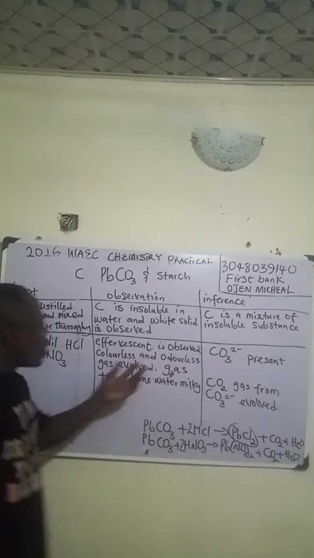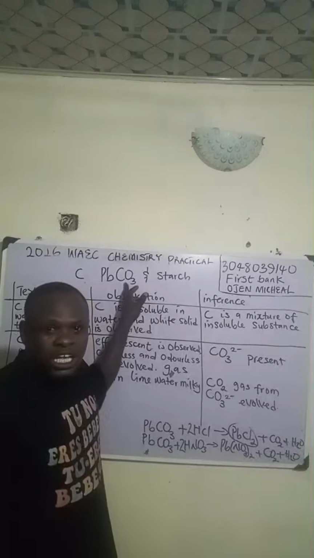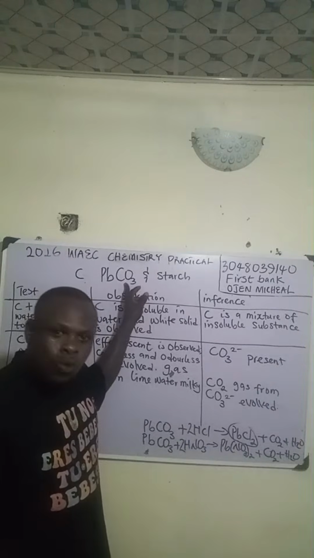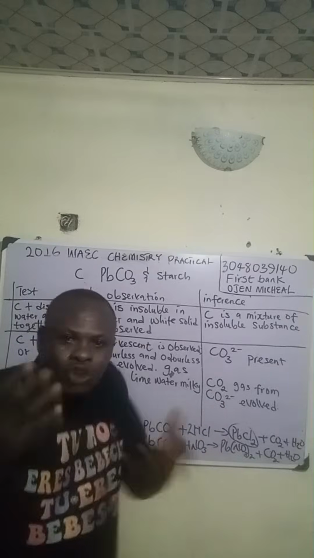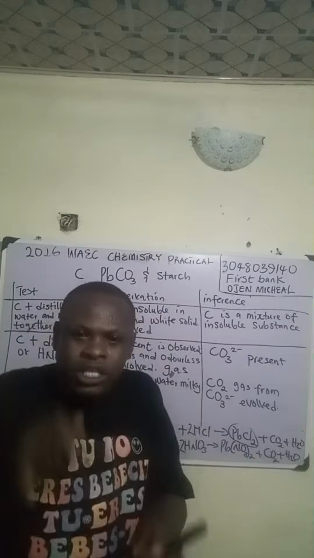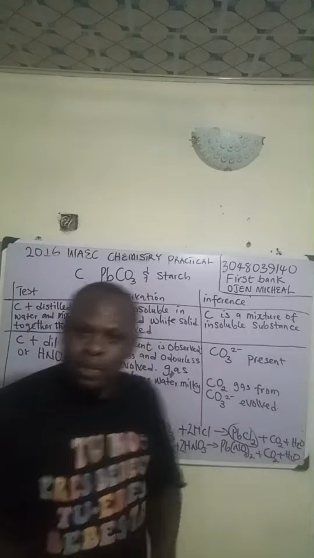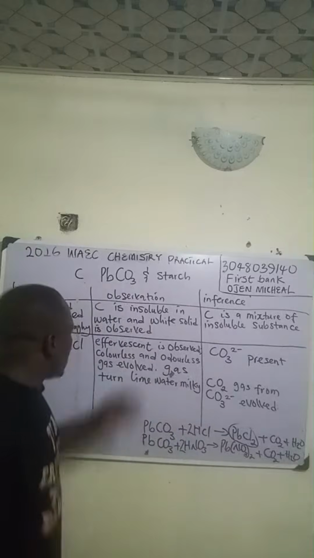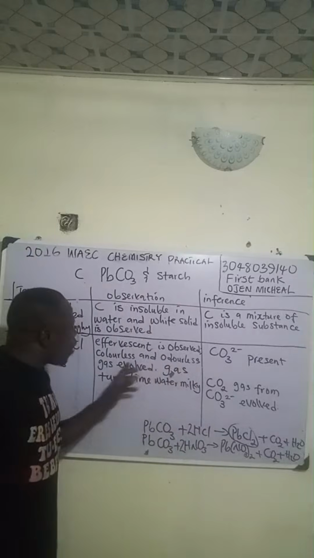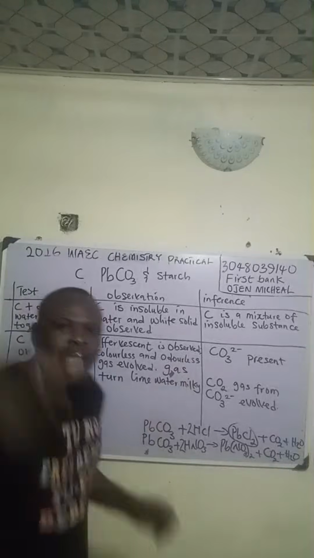Now when you treat it, what you are going to see is effervescence. Effervescence is from carbonate. It will come out with what? Bubbles. Effervescence means bubbles. Anytime you open your Coke, any mineral, you see gas. That is what is called effervescence. Bubbles will start coming out. Now that gas is colorless and odorless.